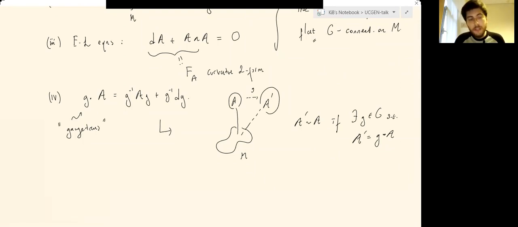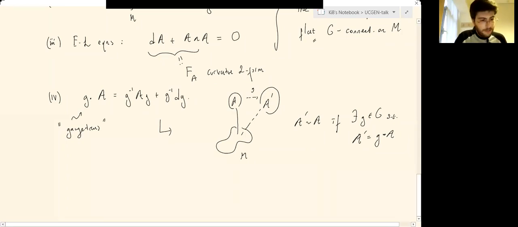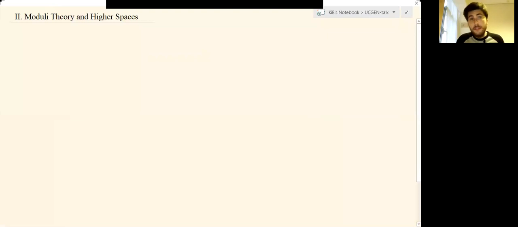Now we really wish to introduce a new, maybe not new, but a natural framework to record this data in a more effective way. This brings us to the second part of the talk: moduli theory and higher spaces.